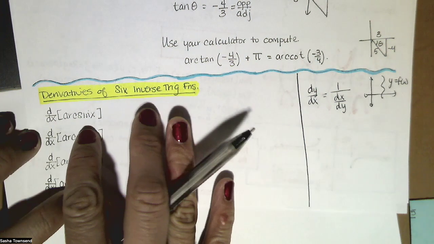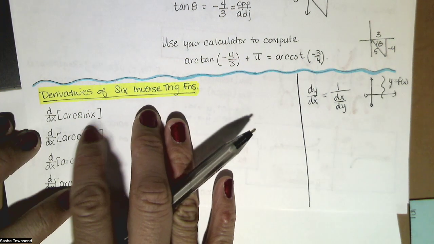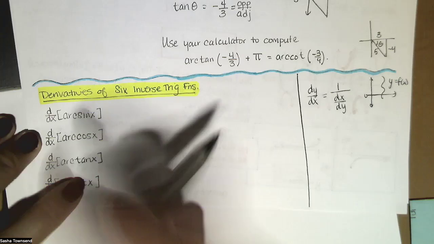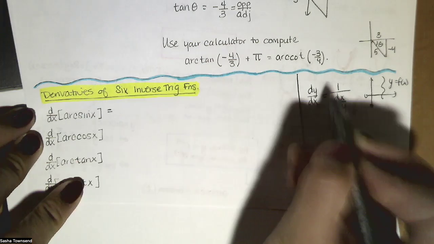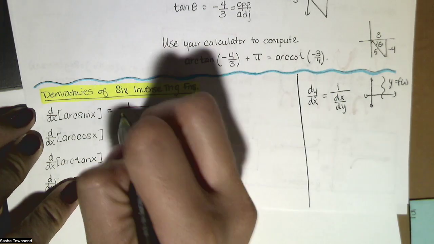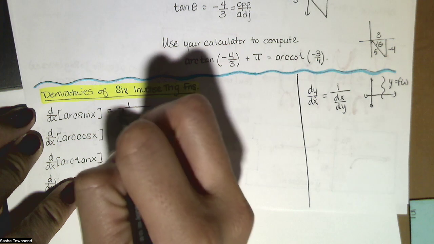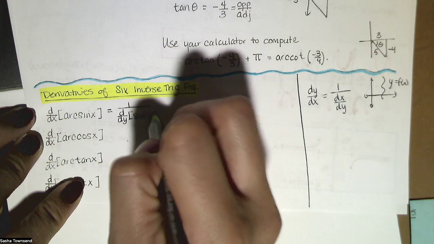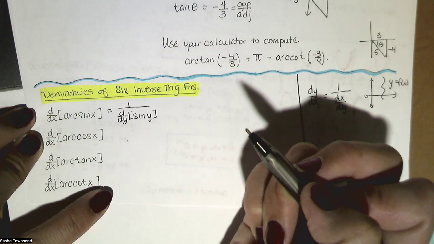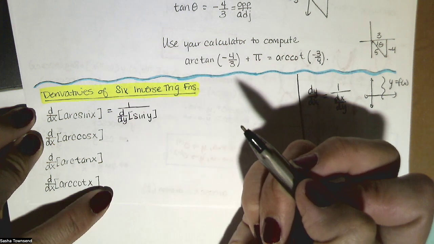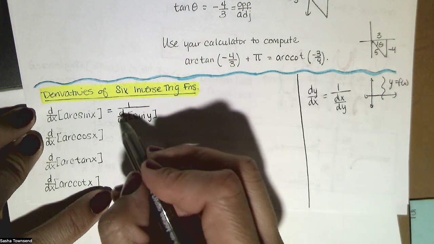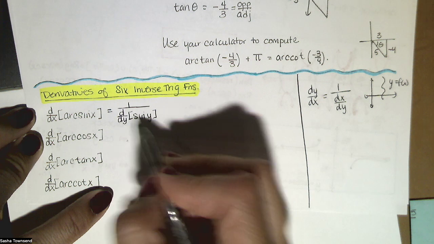With that in mind, we can use that fact to compute the derivative with respect to x of the arc sine of x. According to this, it's the same as 1 divided by the derivative with respect to y of sine of y. That's the case because if arc sine of x equals y, then sine of y equals x. So this is x, the derivative of x with respect to y.